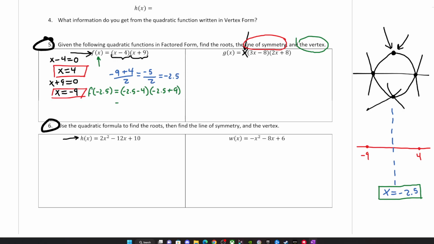Let's figure out what this is. So -2.5 and -4, that'll be -6.5. And then we get -2.5 and 9, that'll be positive 6.5.